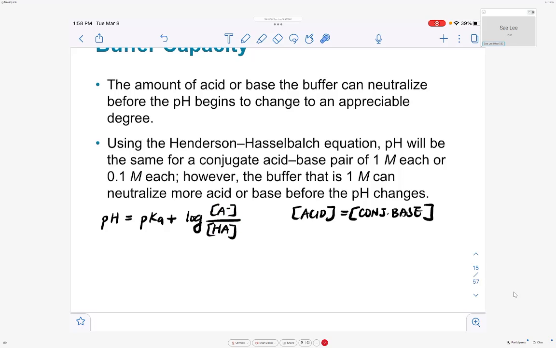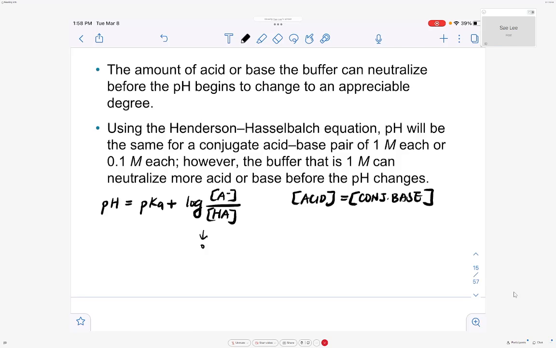Log of 1 is 0. If this is 0, pH is basically going to be equal to pKa. So the pH is going to be the same for the conjugate acid base pair of 1 molar of these or 0.1 molar of these.